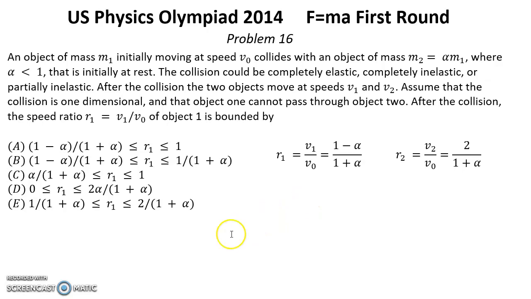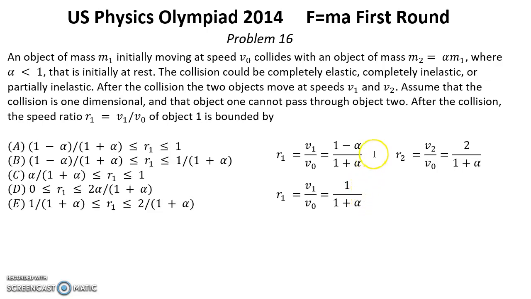In case of an absolutely inelastic collision, this ratio must be v1 over v0, which is 1 over 1 plus alpha. Here we have momentum conservation, and both objects move together.